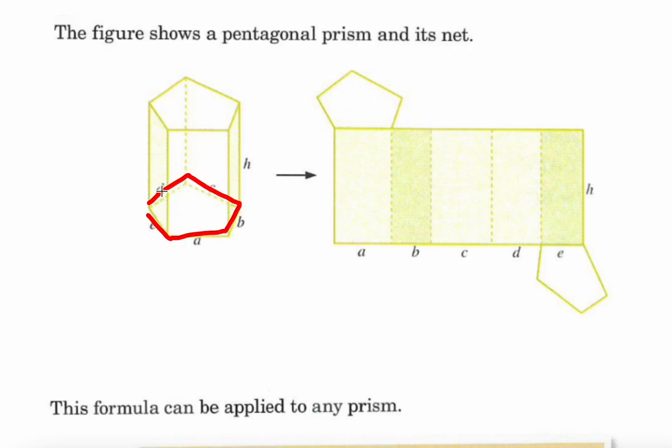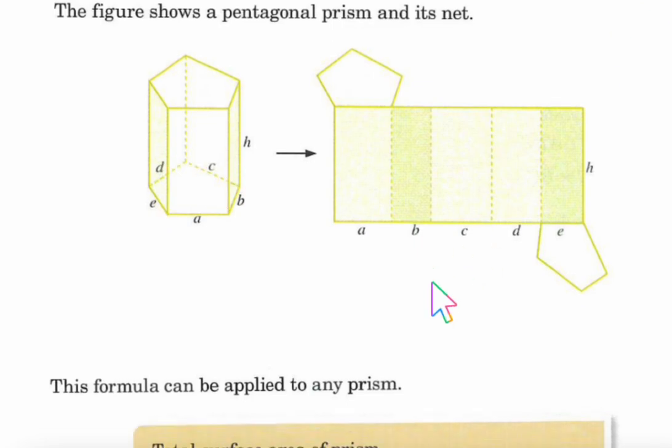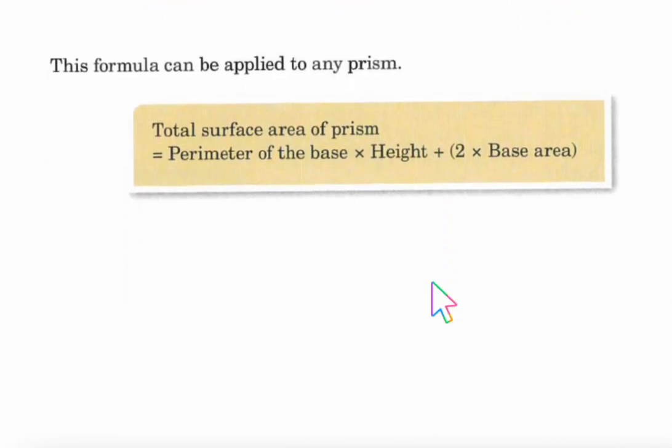Perimeter tells us what all the sides added up are. So that's why this formula has perimeter in it. The total surface area of any prism is the perimeter of the base times the height plus 2 times the base area.